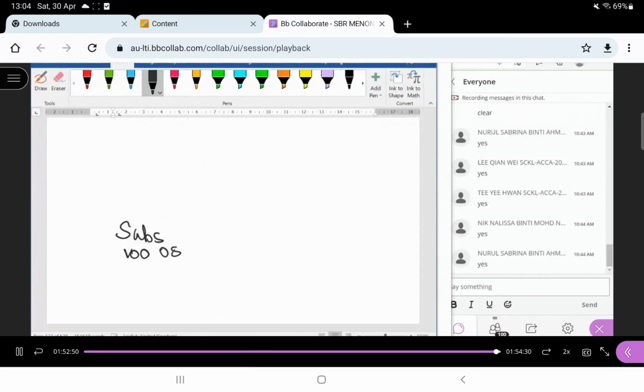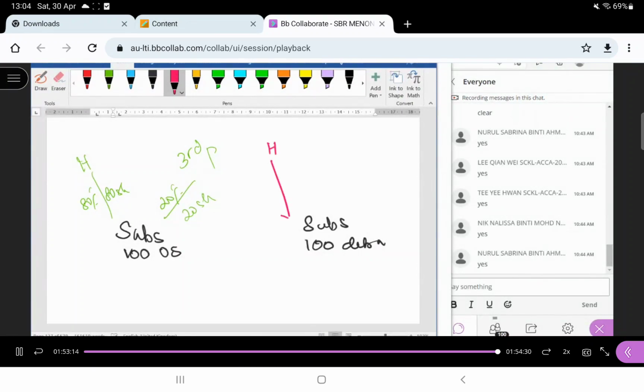Subsidiary company, 100 ordinary shares. Subsidiary company, 100 debentures. Here, H holds 80%, 80 shares. Third party holds 20%, 20 shares. But here, H holds 70%. Third party holds 30%. So that's 30 debentures or 30 bonds, 70 bonds. What is the status of these people?